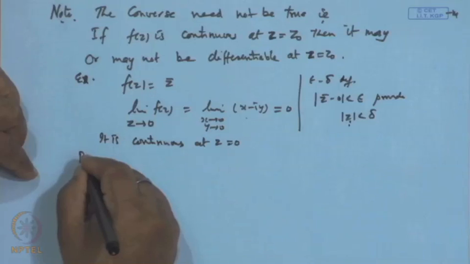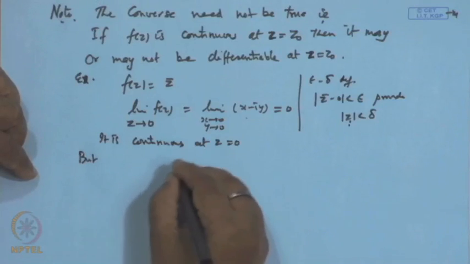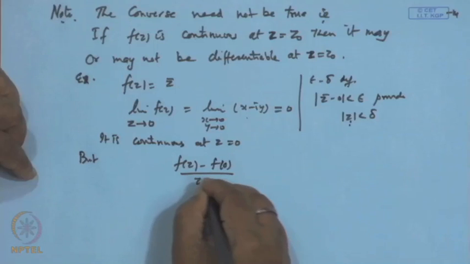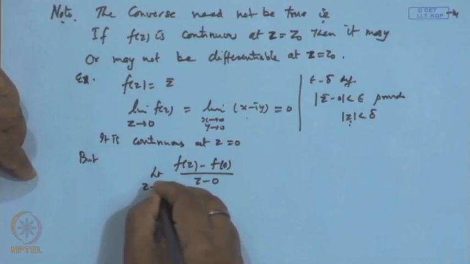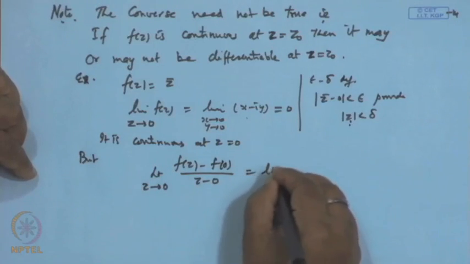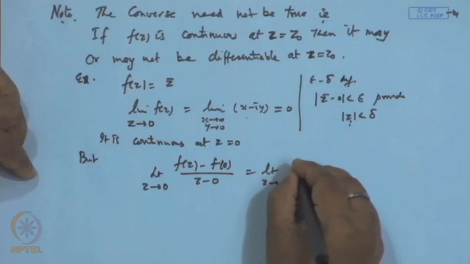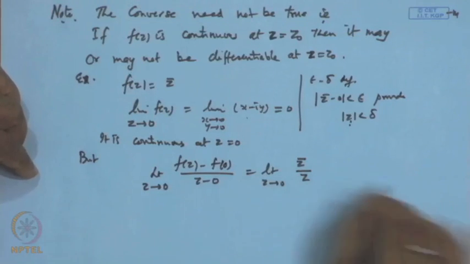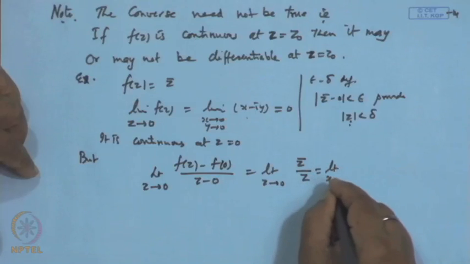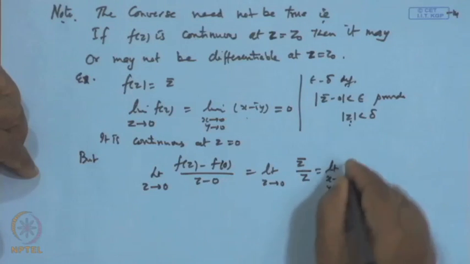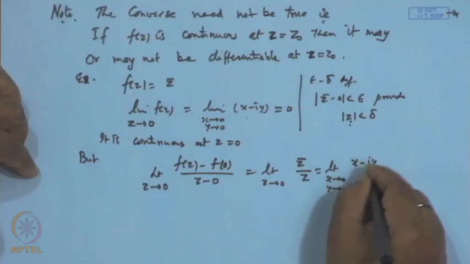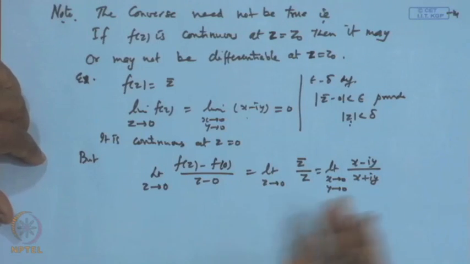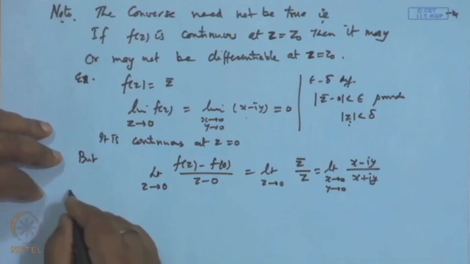But if I look at the differentiability, then [f(z) minus f(0)] divided by [z minus 0], limit z tends to 0. What is this? Limit z tends to 0, f(z) is z bar, f(0) is 0. And this is the same as the limit x tends to 0, y tends to 0, of (x minus i y) over (x plus i y). Now again, you choose different paths.